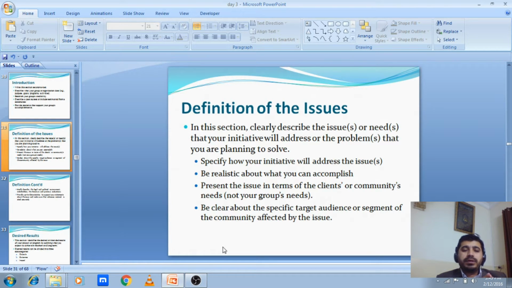You need to present the issue in terms of the client's or community's needs and not your group's needs. As I said earlier, the human element, the societal needs. Identify the societal needs and address them, not your particular organizational needs. And be clear about the specific target audience or the segment of society or community that is going to be affected by the issue. Highlight that area as much as you can.